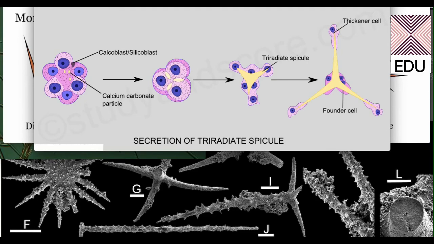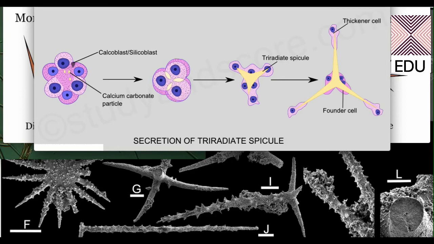This particular diagram shows the formation of a triradiate spicule. Here we need at least 6 cells to form a triradiate spicule. Generally the number of cells required is double the type of the spicule.